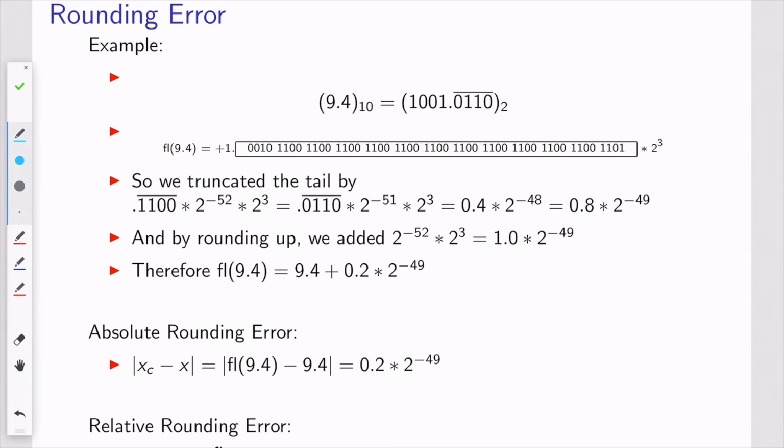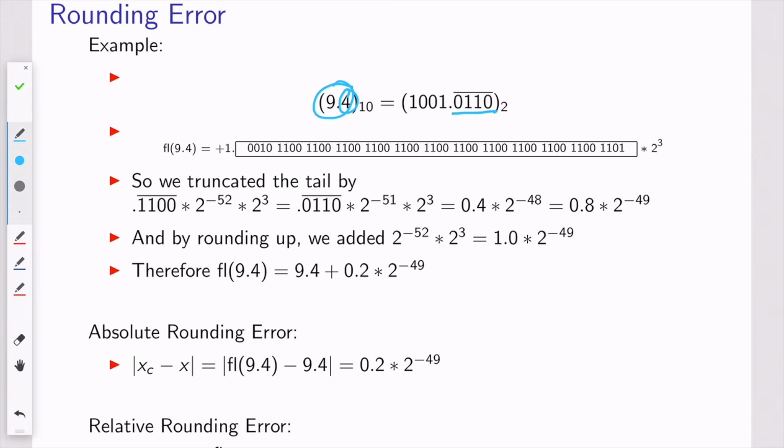When you round numbers on a computer using this floating point representation, you're changing your actual intended number, and we have to be able to figure out what the error is in that. So to make a concrete example, let's take the base 10 number 9.4, which in binary is 1001.0110 repeating infinitely. So the 4/10 in the 9.4 translates into this business here.